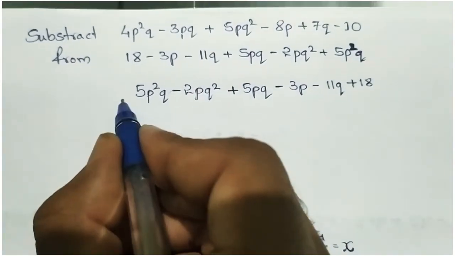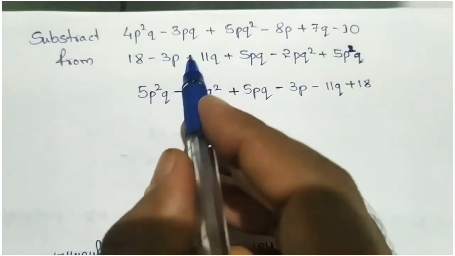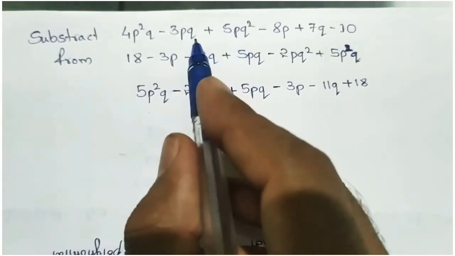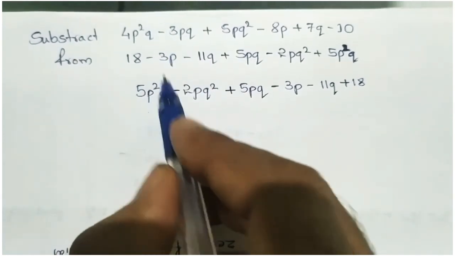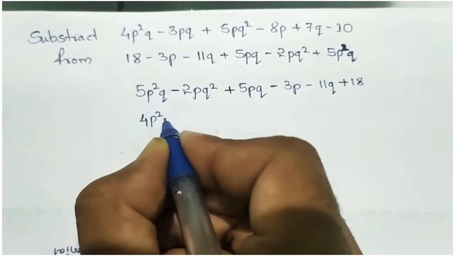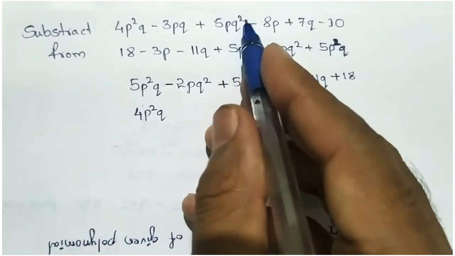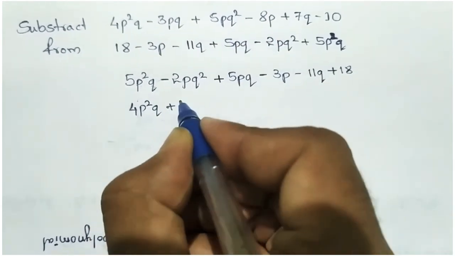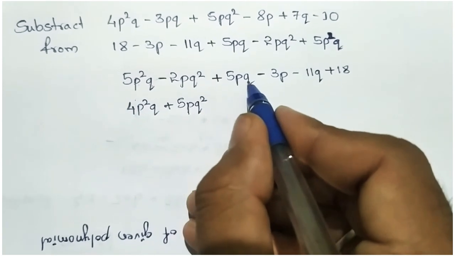Now you write the subtracting expression below. Which is there? First, p square q is there? Yes, it is 4p square q. Next, pq square is there? Yes, that is plus 5pq square. Next, pq is there?